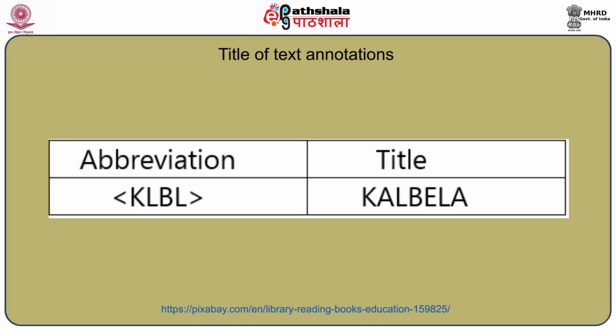As I have mentioned, the abbreviation KLBL code has been used for a writer known as Kalvela. For this case, it looks quite simple, but it is not always the case, because in many cases the title is very big and has to be put within 4 characters. One has to use some kind of intelligence to make the abbreviated form.